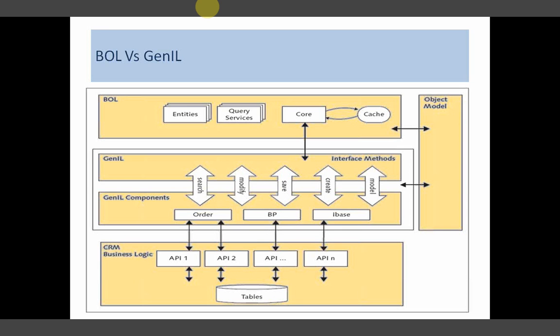See how the flow goes. BOL is interacting with the GENIL interfaces. Now the interfaces will intimate the component that they would like to go for a search, a modification, a save, or a create. In those GENIL components, we would be writing code to call the respective API.